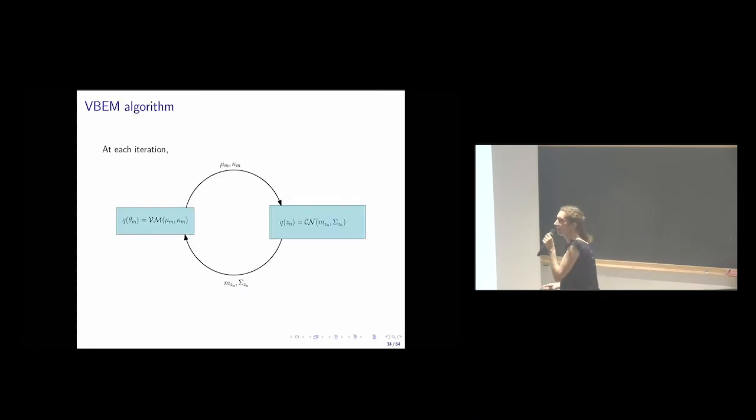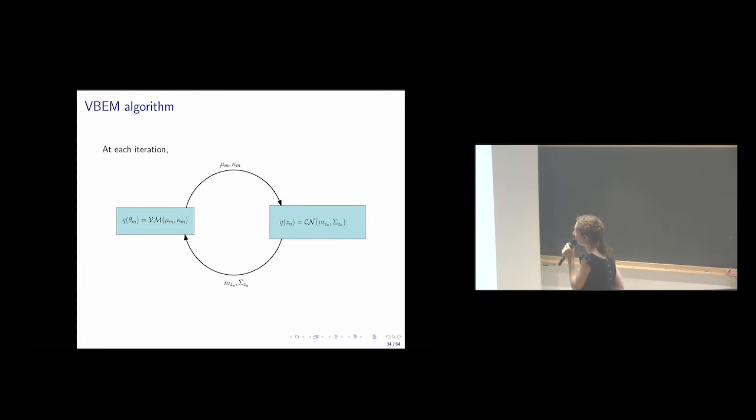I won't enter into the analytical expression of the posterior distribution, but the most important message is that at each iteration you will update all factors of the approximation, so all elements in the transmission matrix.